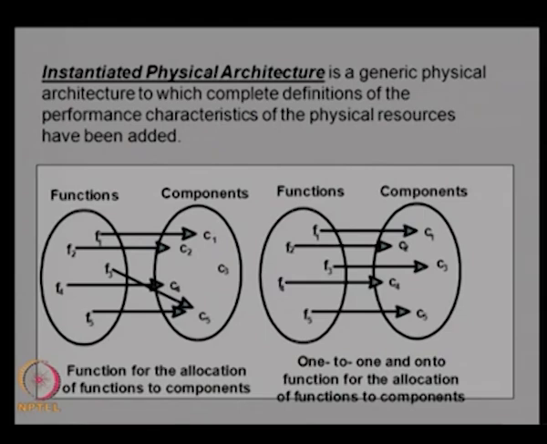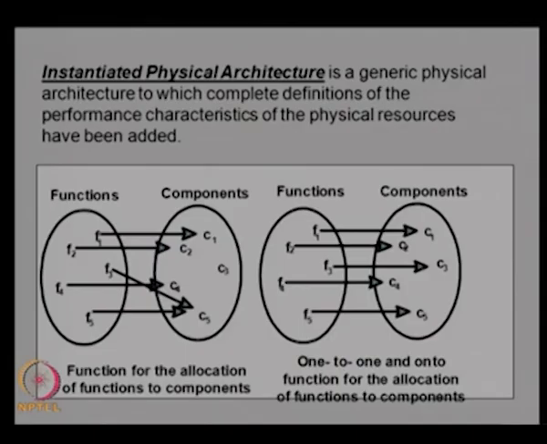For the time being you can understand that this is basically used to identify whether all the functions are being mapped to components, or how these components are mapped to the functions, whether there is a one-to-one or one-to-many mapping, or there are components which satisfy multiple functions, or there are some functions which have been left out without any components. So, these things can be identified using this kind of mapping of functions.